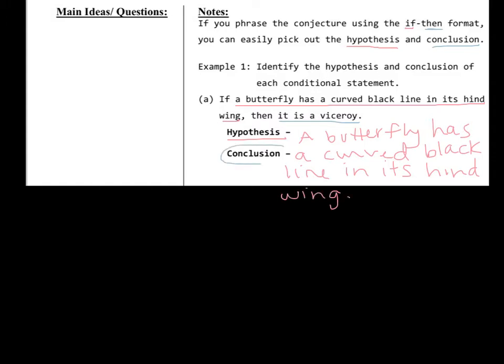Now my conclusion is going to be it is a viceroy. So if it's written in the if-then format, it makes it easy. So go ahead and pause this video and see if you can do example 1B.